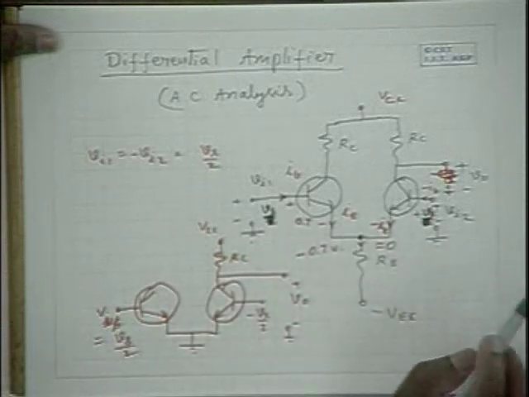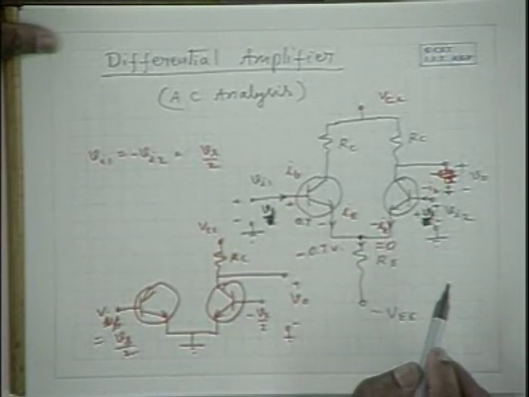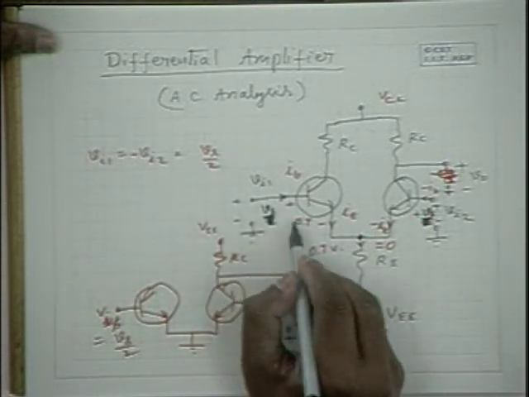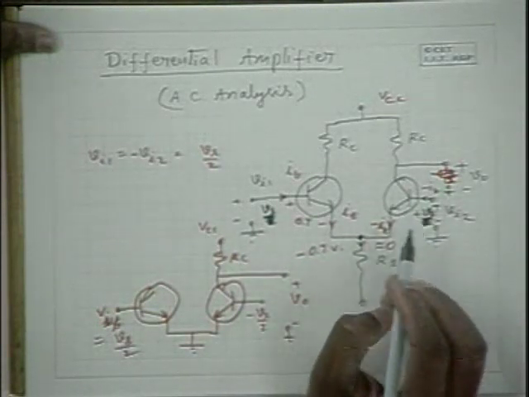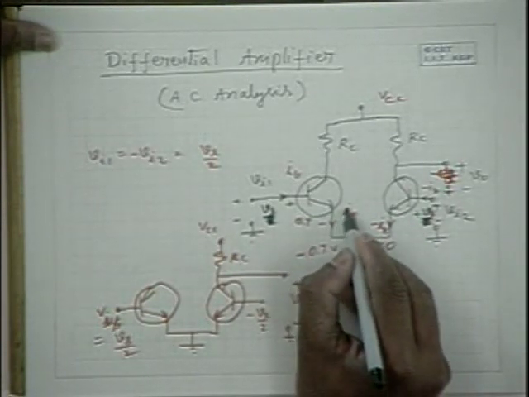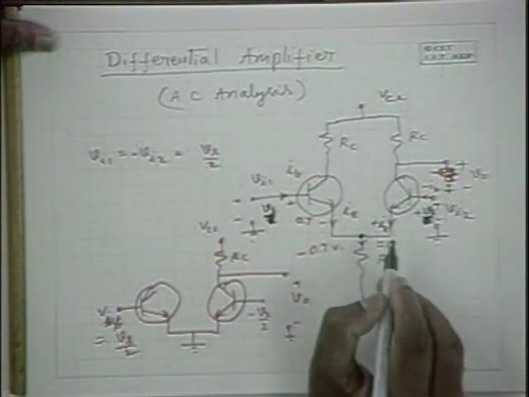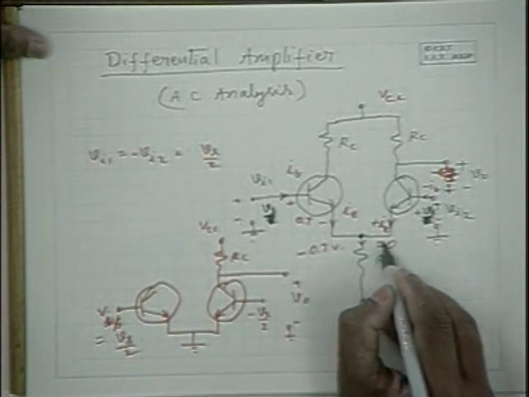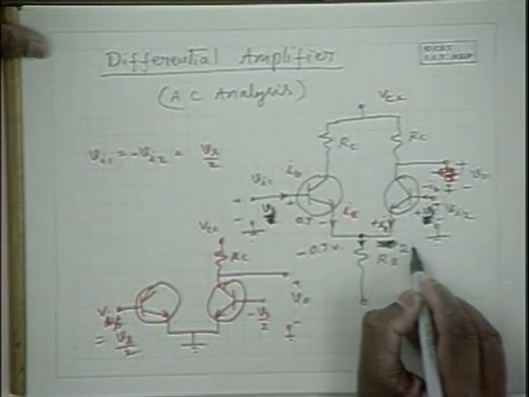So when we apply a common mode signal here, what happens to the situation? There is an incremental base to emitter potential here and there is another incremental base to emitter potential here, because of which some alternating IE flows and a similar alternating IE flows without any phase shift. Therefore, the current that flows through this resistance Re now is equal to 2 times IE.